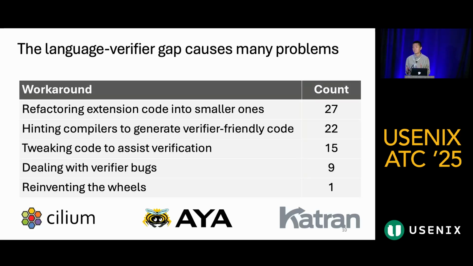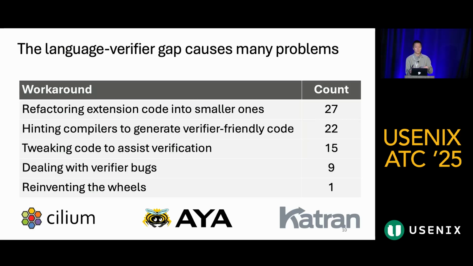All right, we have already seen one example where the gap caused issues. And the truth is that this language-verifier gap has caused many issues. Based on our study of popular and large BPF projects such as Cilium, Aya, and Crun, we found that developers frequently have to implement workarounds to fix verification issues.